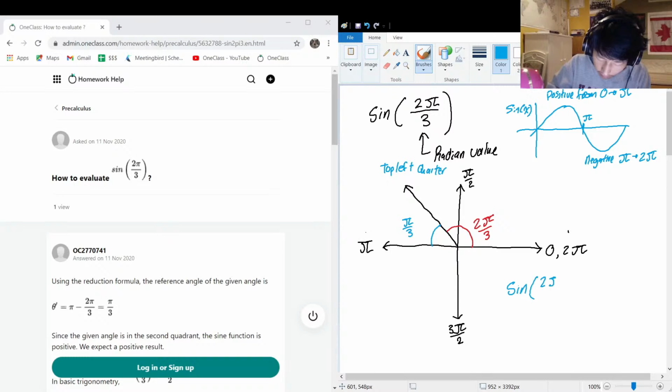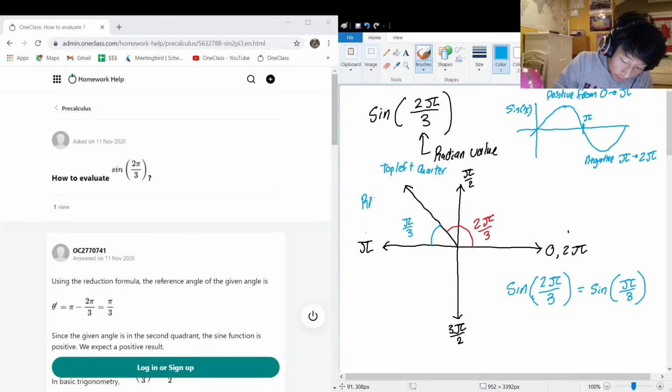So sine of 2 pi over 3 is really equal to sine of pi over 3. This is the RAA, the related acute angle.